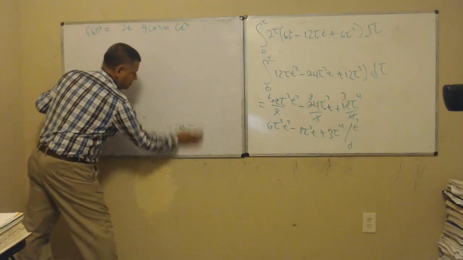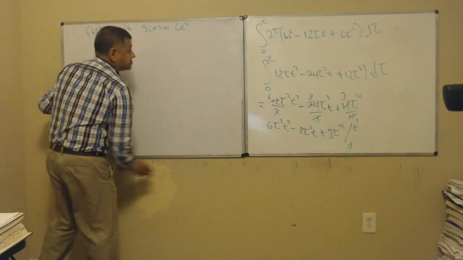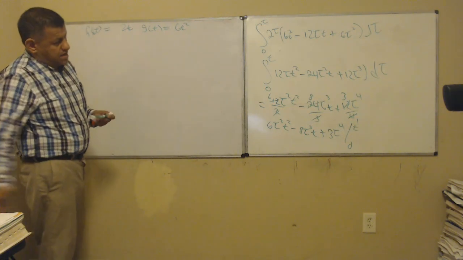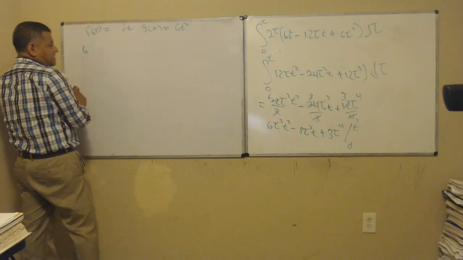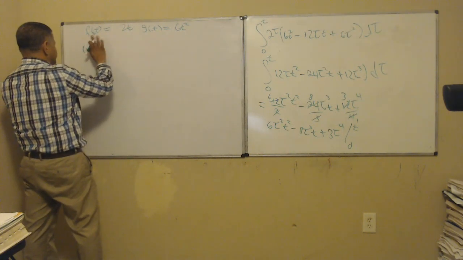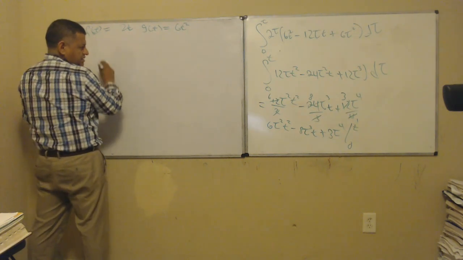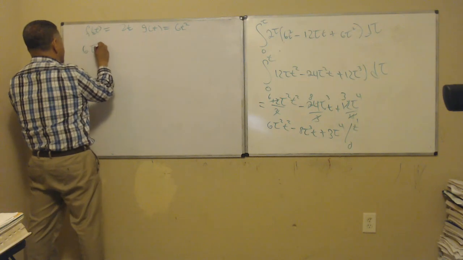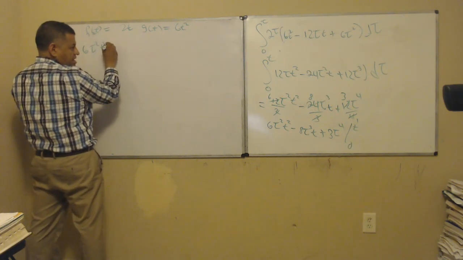So now notice that I have 6 tau squared t squared, right?